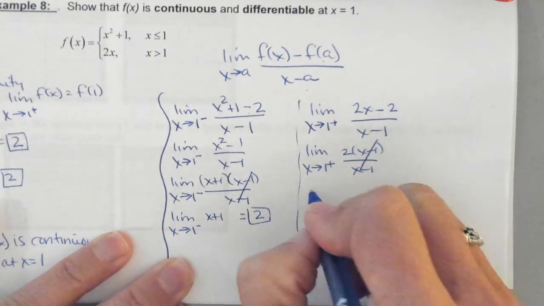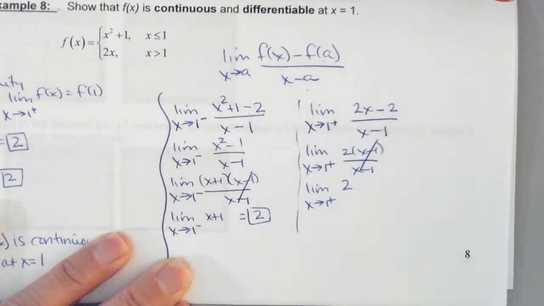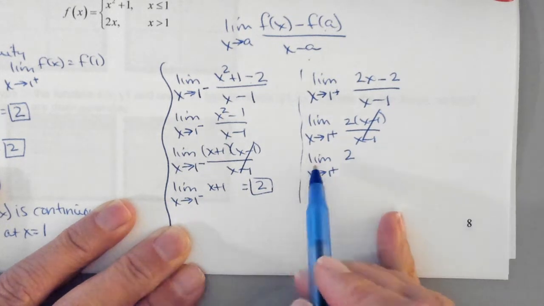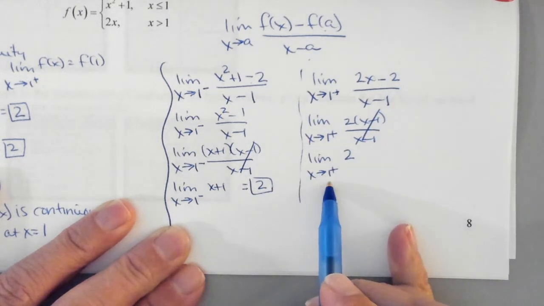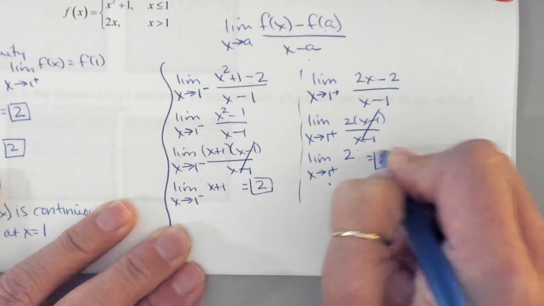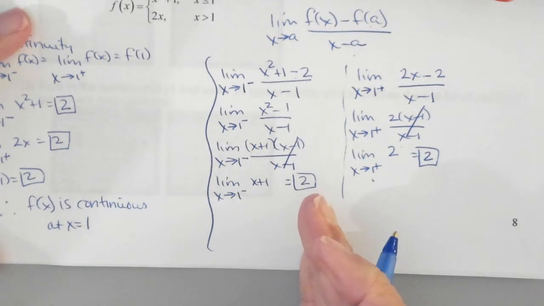I get 2. So here you have the limit as x approaches 1 from the right of 2. How do you take the limit of a constant? It was a rule. It's one of the ones you wrote on your card. The limit as x approaches any number of a constant is the constant. Continuity proven. Differentiability proven. You're done.